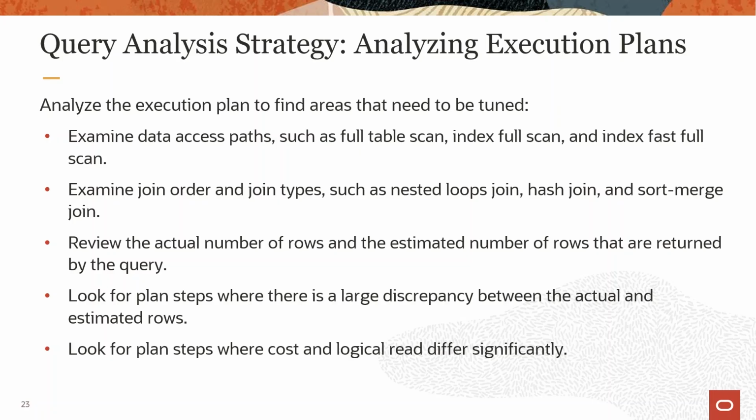Also review the actual number of rows returned and the estimated number of rows, and look in the execution plan for steps where there is a large difference between the actual and the estimated rows returned by the query. Also look for plan steps where cost and logical read differ significantly.